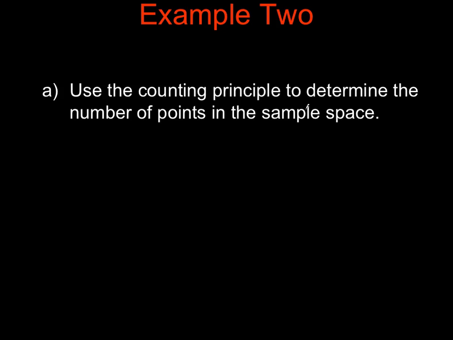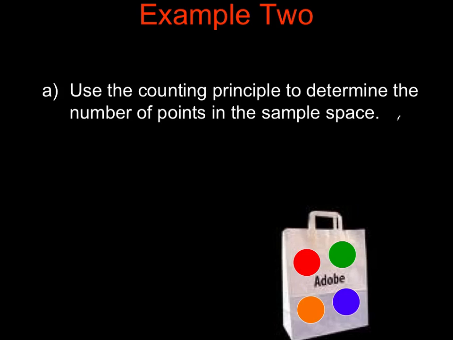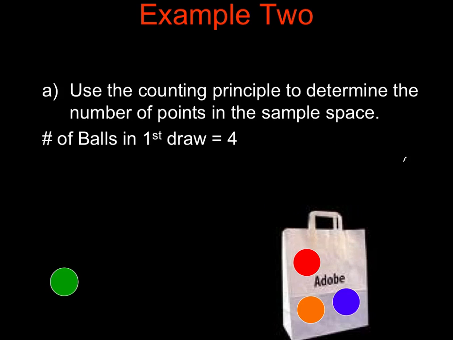And first we want to use the counting principle to determine the number of points in the sample space. So here's our bag, and you can see we have the 4 balls in it. And so the number of balls in the first draw, or the first experiment, is going to be 4. But then we choose one of the balls out, and we don't replace it.